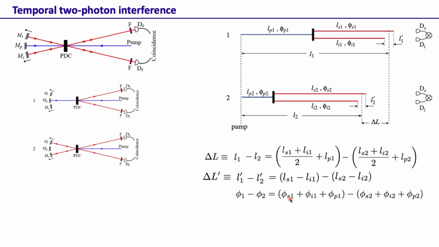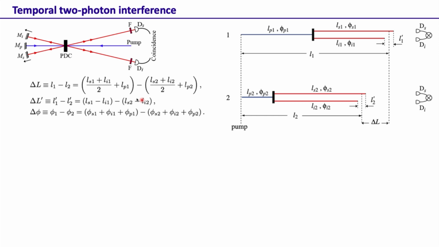Phi 1 is phi S1, phi I1, phi P1, which are all the phases in alternative 1. Phi 2 has all the phases in alternative 2, and the difference we'll call delta phi. So these three quantities, delta L, delta L prime and delta phi, will be very useful in describing and understanding two photon interference in a manner very similar and analogous to one photon interference. Okay, so that's a representative two photon interference at the level of the path diagram.